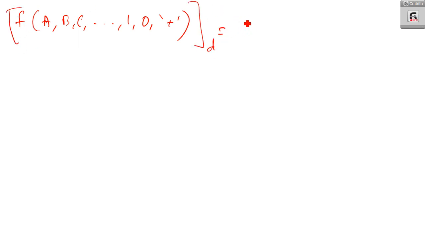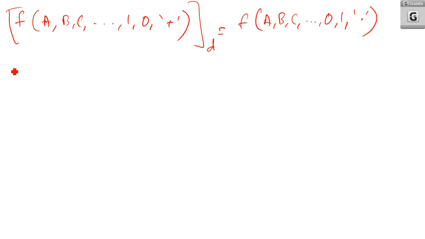You can have a function of A, B, C, etc. and the only change is that 1 becomes 0, 0 becomes 1, and OR becomes dot. That is the method by which you can find the dual.